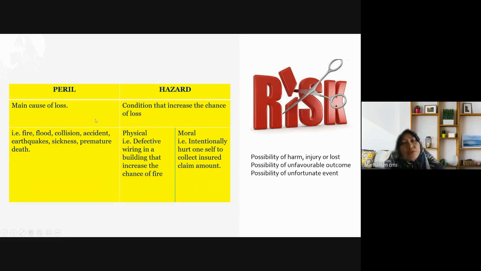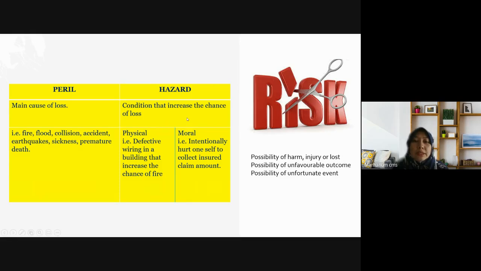These are the types of risk, the cause of loss, because when risk happens, we incur losses. And then hazard. Hazard is a condition that increases the chance of loss.